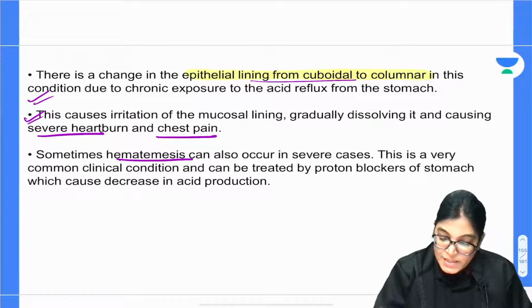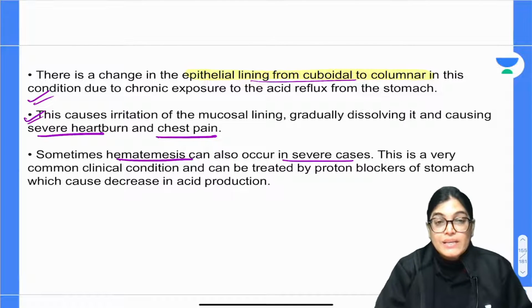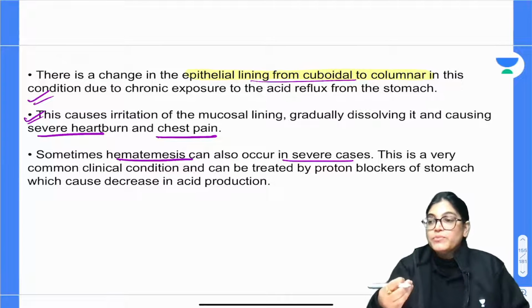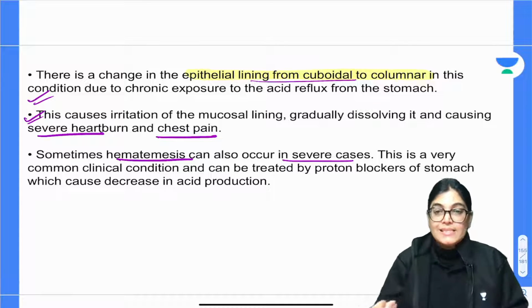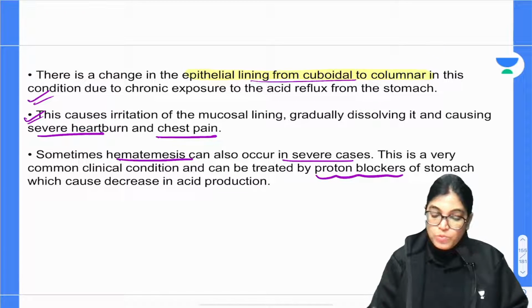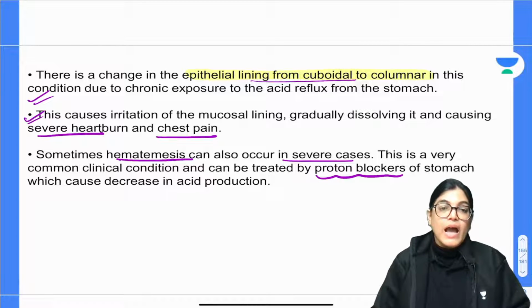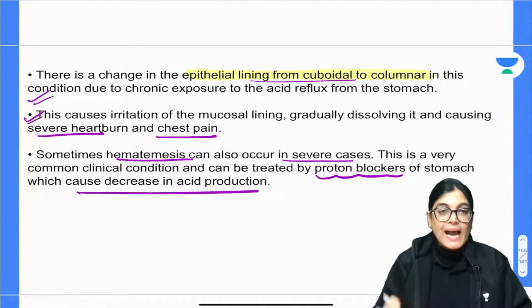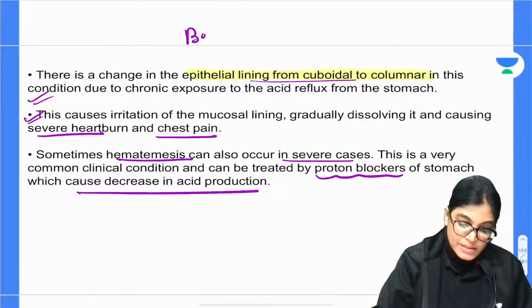Sometimes hematemesis can also occur in severe cases. This is the common condition which requires treatment for reduction of acid secretion, done by giving proton pump blockers, which decrease acid production. So exactly the case of Barrett esophagus. We have got the correct answer, that is Barrett esophagus.